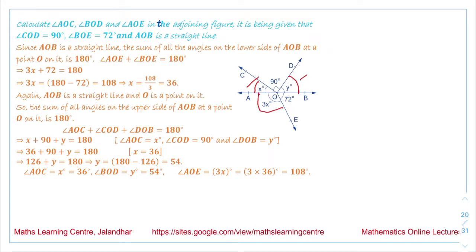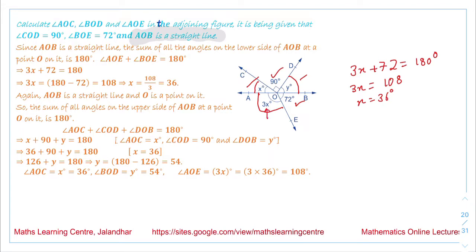It is given that angle COD is 90 degrees, this is 72 degrees, and AOB is a straight line. So if AOB is a straight line, we get 3x plus 72 equal to 180 degrees. So 3x is equal to 108, and the value of x you will get is 36 degrees.